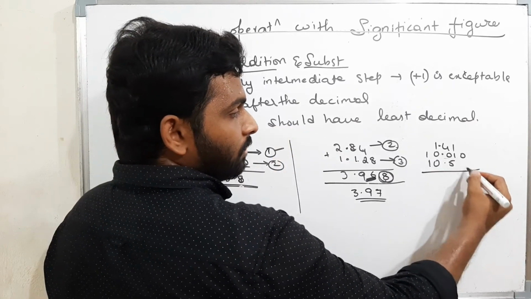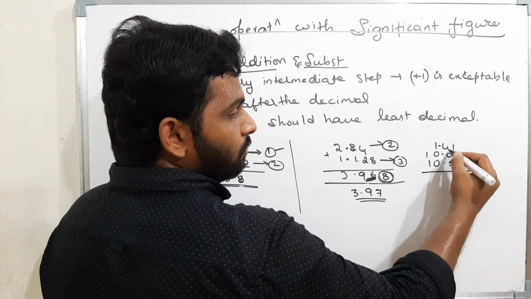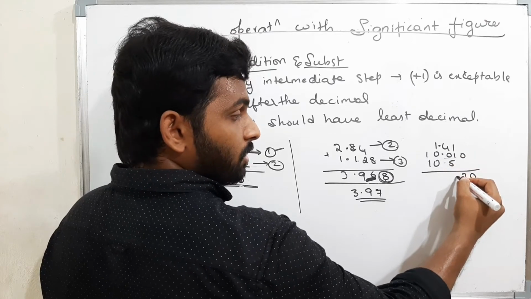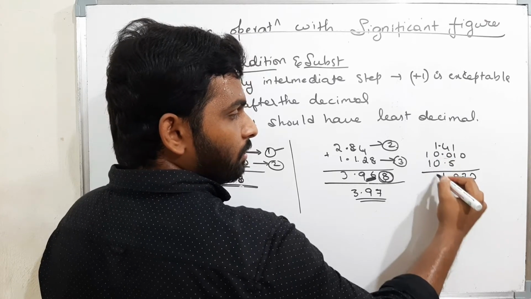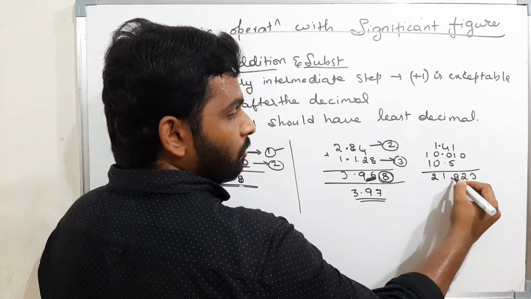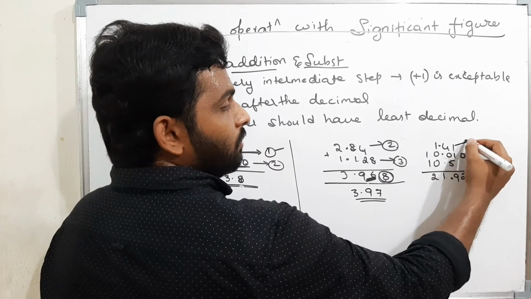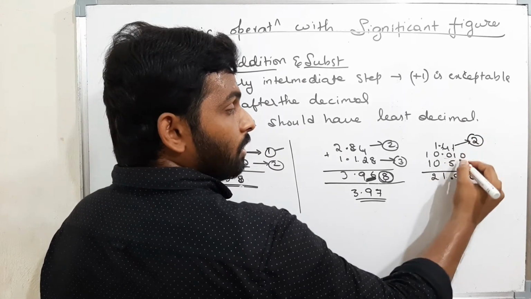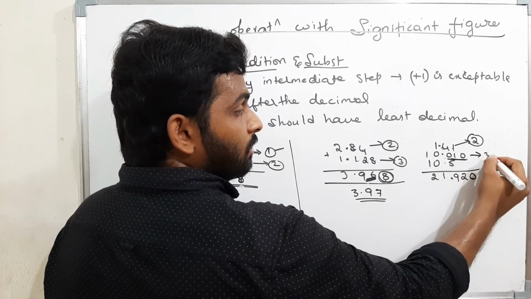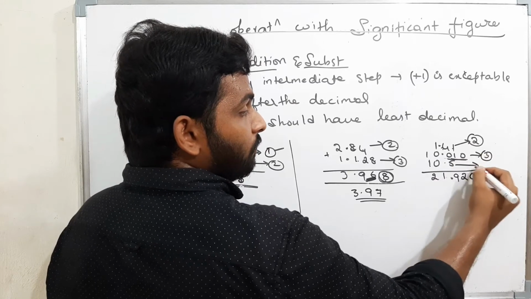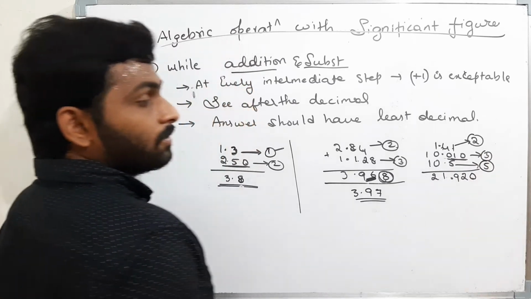Adding gives 21.920 as the answer. But for the first one, how many decimals? 2. For the second one, how many digits are there? 3. And for the third one, how many digits after the decimal? Sorry, not 5, 1.